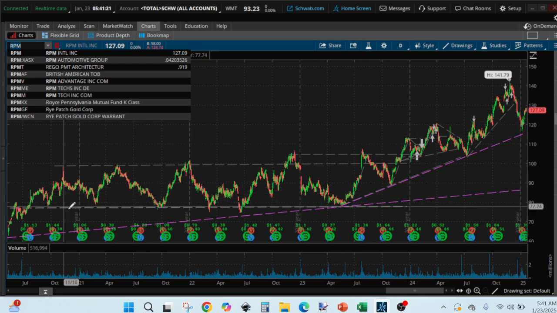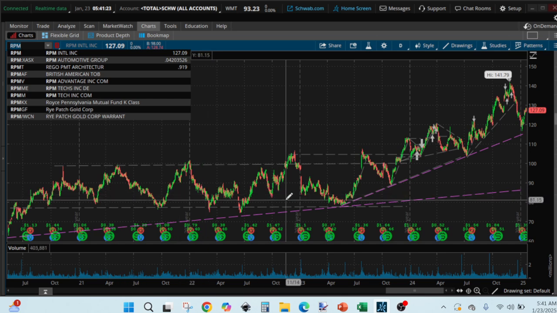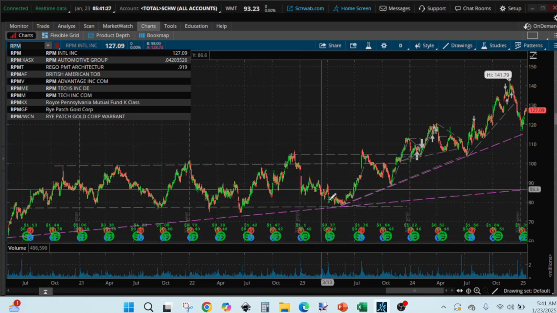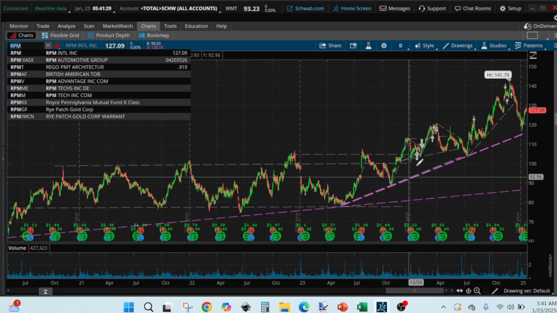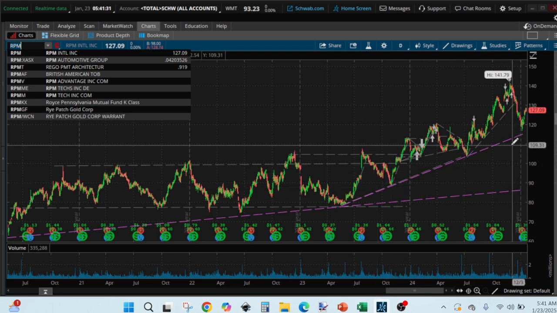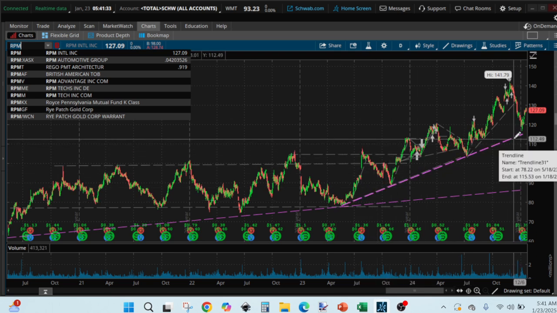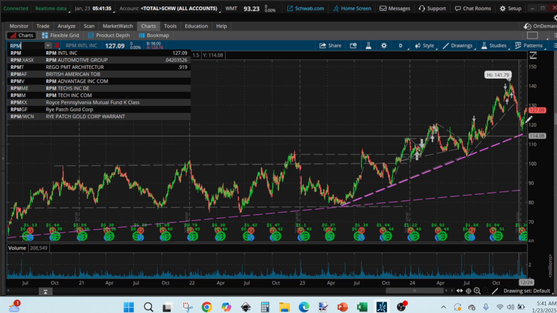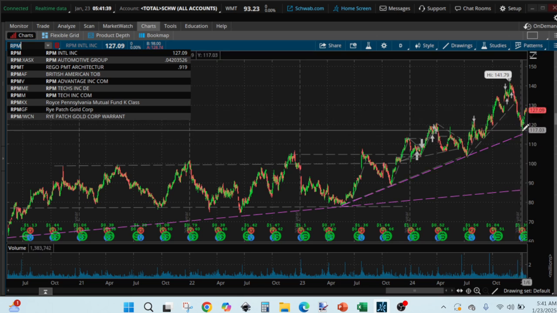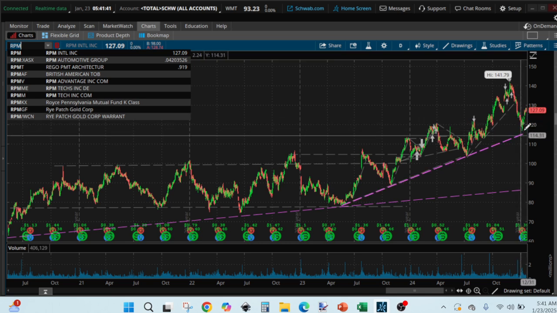But looking at the type of mountain it creates, a kind of horizontal chain type of mountain, it could just well use this and continue going up. So this is an area where it could be purchased as well, because it's at the valley, trying to create another mountain here.